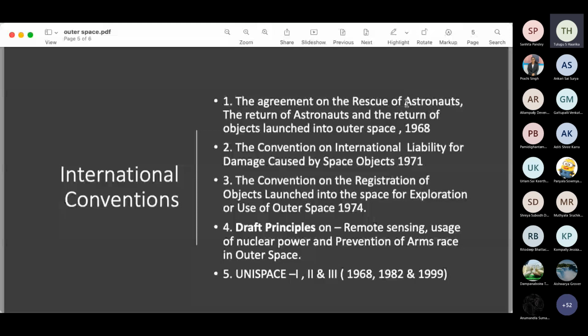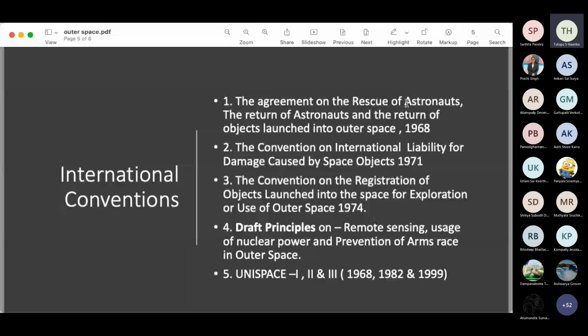So this was about the international liability of damage that can be caused by any space object, and the state to whom that space object belongs shall have to compensate for any loss of property, life, or any organization to the nation state which has suffered the damages.